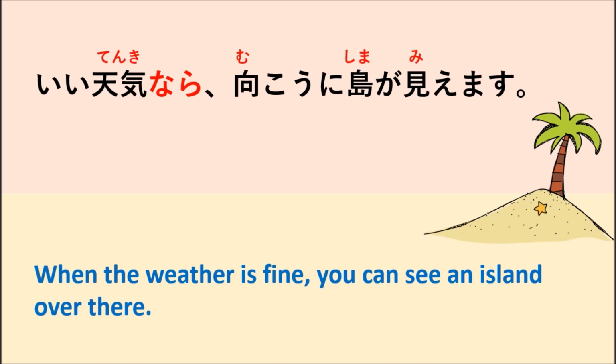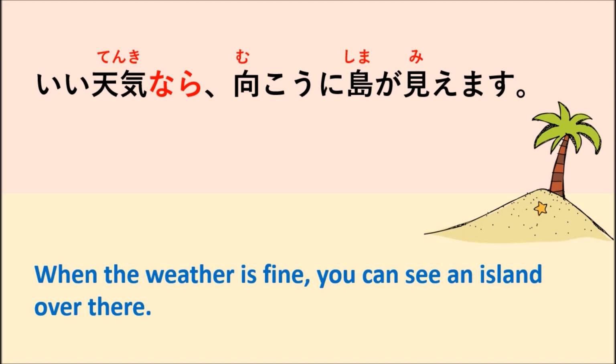Nara means if, or you can say when. If the weather is nice, or when the weather is nice, have the same meaning. So here you can say nara. Tenki is a noun. When something is a noun, you can just put nara after the noun.